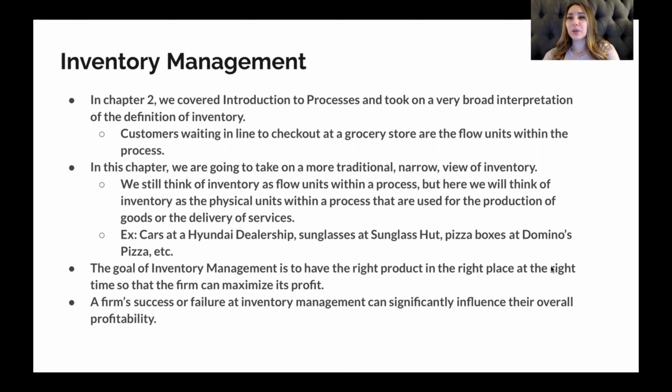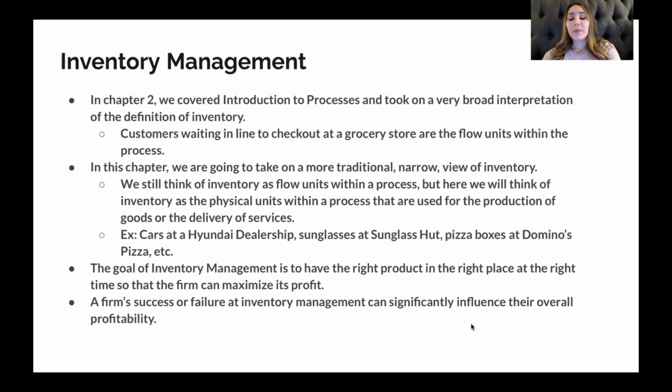But in this chapter, we're going to narrow it and take a more traditional approach to the term inventory. We're still going to think about inventory as flow units within a process, but we're going to think more about the inventory being those physical units within the process. An example of that would be cars at a Hyundai dealership, sunglasses at a Sunglass Hut, and even some pizza boxes at a Domino's, okay?